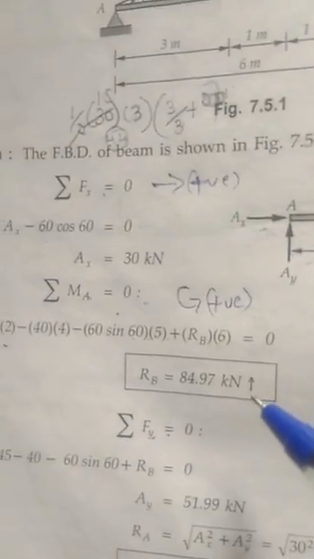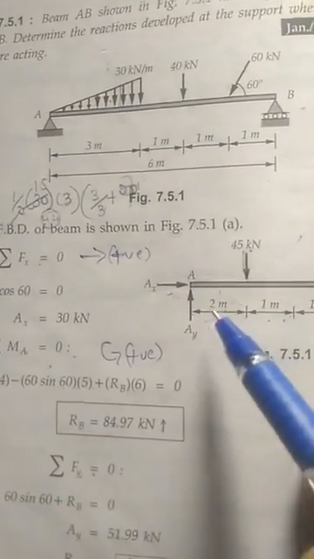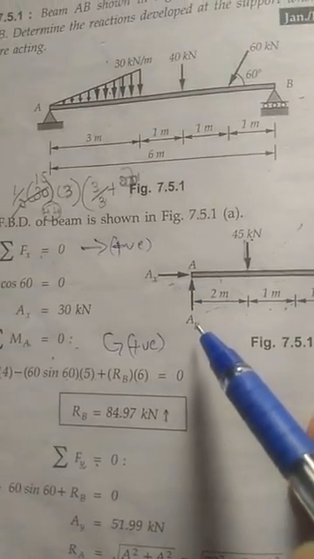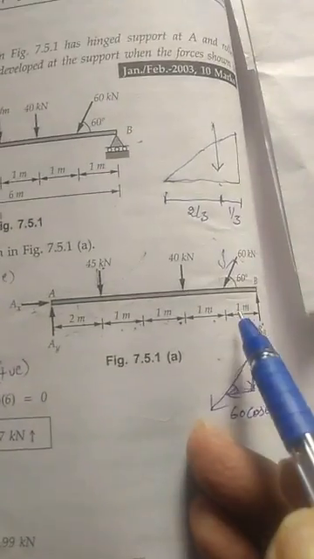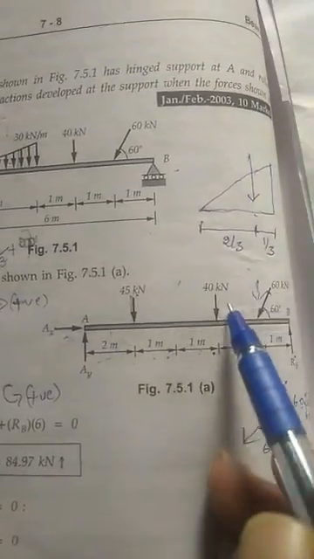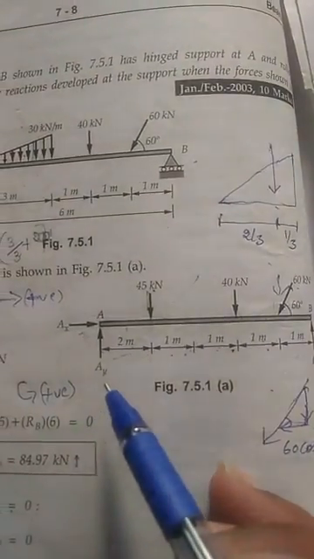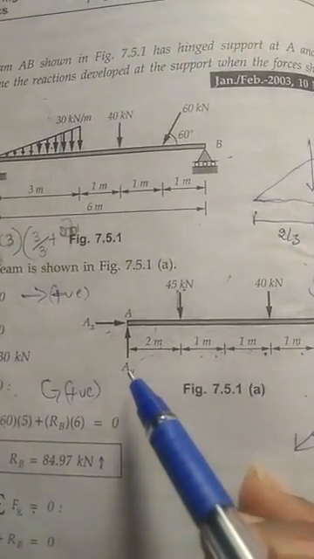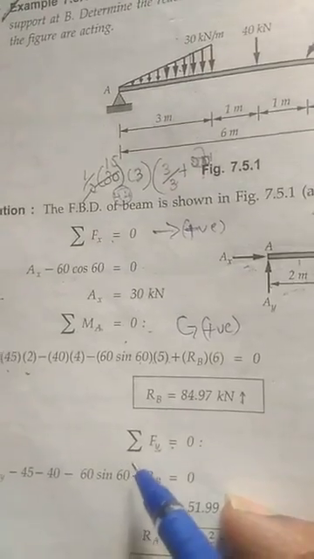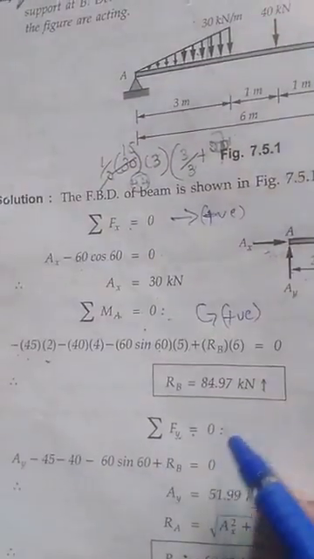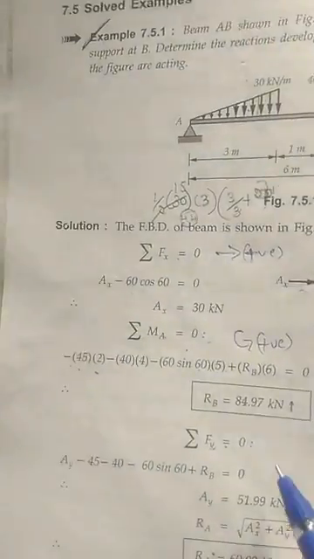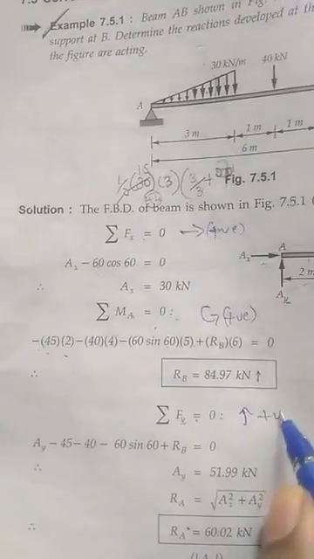You have already determined AX, and RB has been determined, so the only unknown is AY. Rest of all the forces are known, only the unknown force is AY. AY is the vertical force, so you take summation of Fy equal to 0, taking upward as positive.